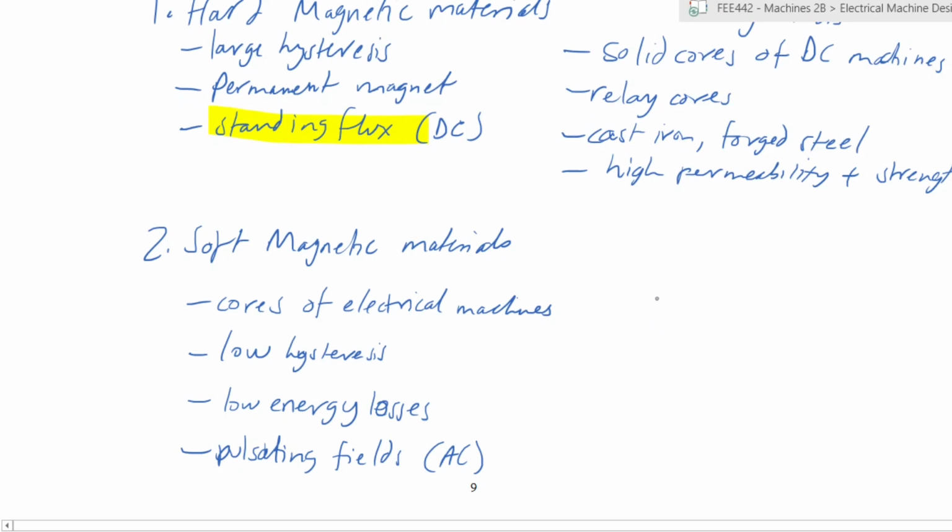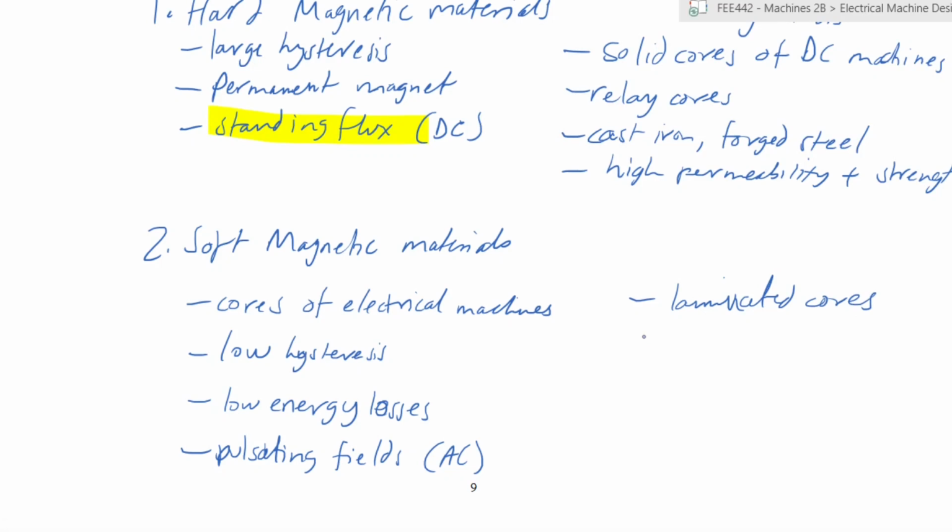Similarly, these are used in laminated cores, whereby you have a magnetic field that is being set up and you do not want to have a lot of eddy currents flowing, so you can have a laminated core to prevent or to limit the amount of current that will be flowing. So it minimizes eddy currents.